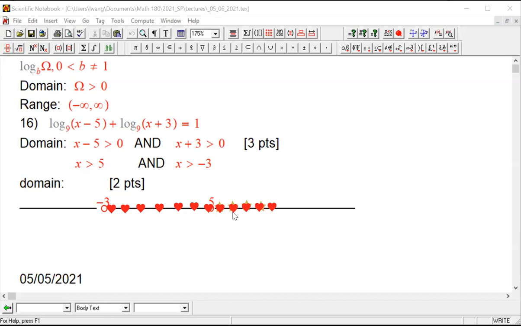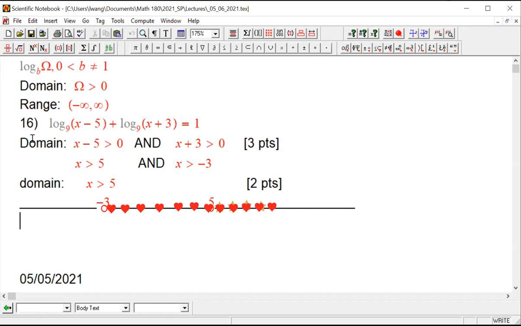The part that's been marked twice is where the condition is satisfied. So the final answer for the domain would be x larger than 5.